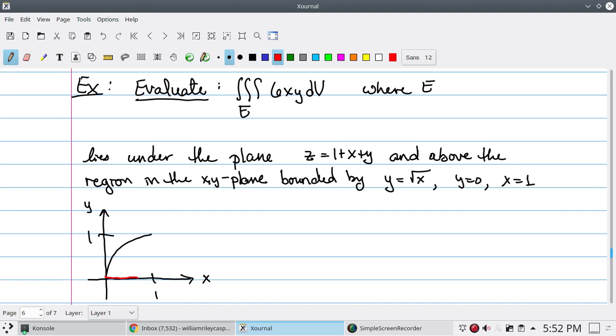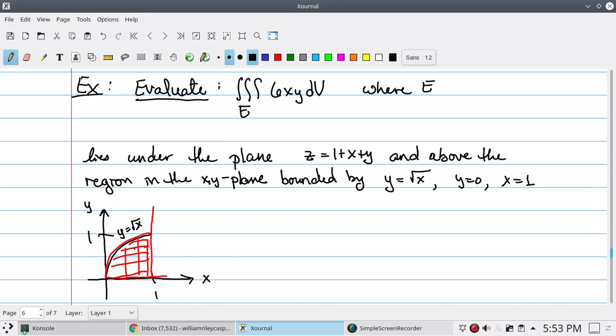Let me do that in red right here. And I've also got the curve x equals 1, which is that vertical line coming here. So my region is exactly this red region here, where this upper curve is y equals the square root of x.